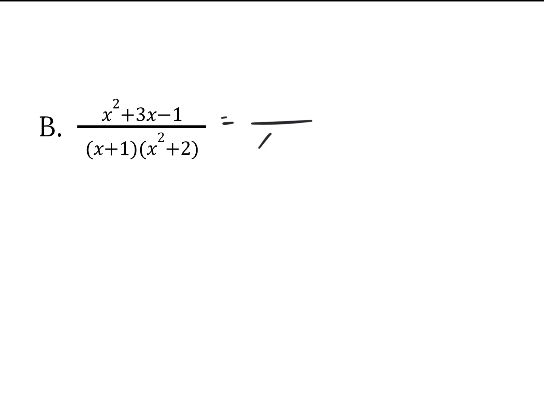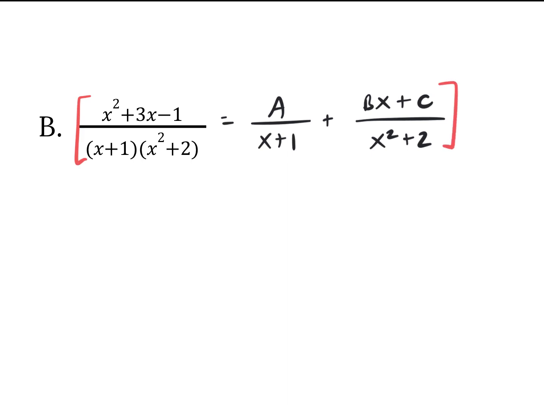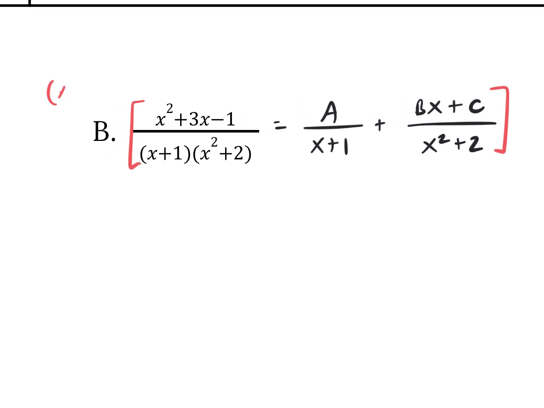The first term is linear, so on top I would just have A. My second term is x squared plus 2, so in the numerator it would be Bx plus C, because I've got an x squared term there. And then I am multiplying this entire thing by the least common denominator, or x plus 1, x squared plus 2 in this case.